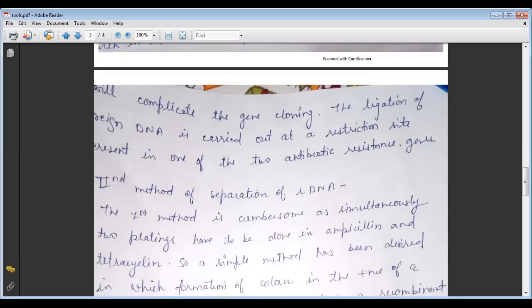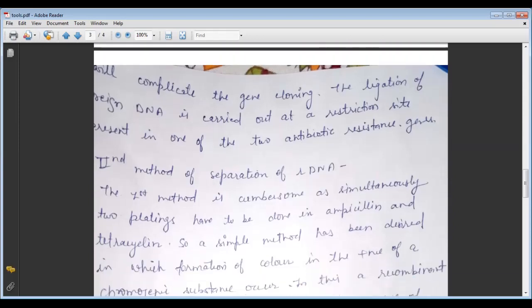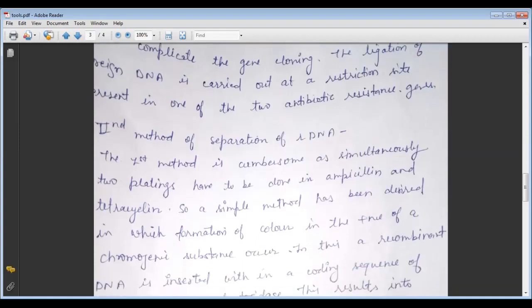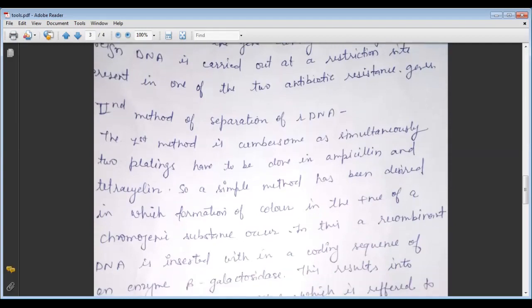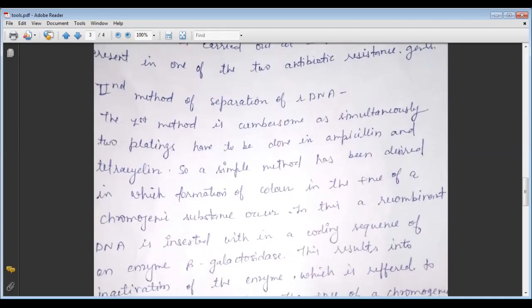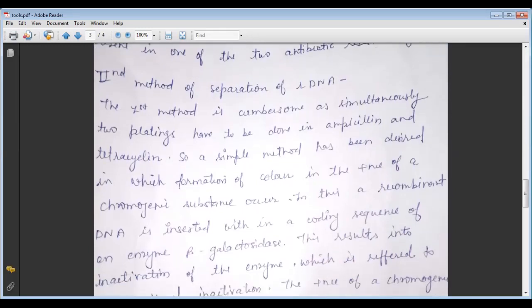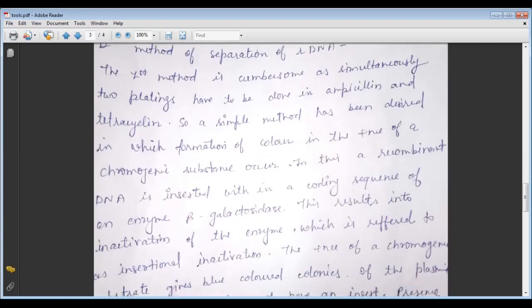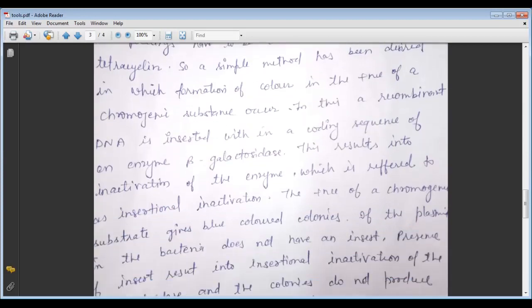The first method is that simultaneously two platings have to be done, in ampicillin and tetracycline. As we know, there are two antibiotics present, and these antibiotics help the growth of the recombinant DNA. So a simple method has been tried in which the formation of color in the presence of a chromogenic substance occurs.